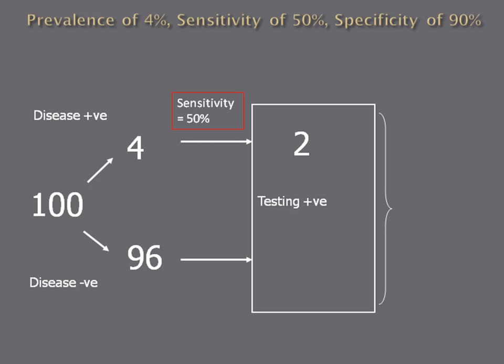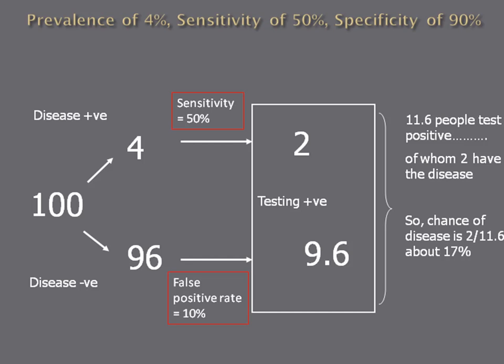With 96 patients not having the disease and a specificity of 90%, we know that the false positive rate is 10%. 10% of 96 is 9.6. Therefore, 9.6 will test positive even though they do not have the disease. Adding these together, the true positives of 2 with the false positives of 9.6, we have 11.6 patients who test positive.